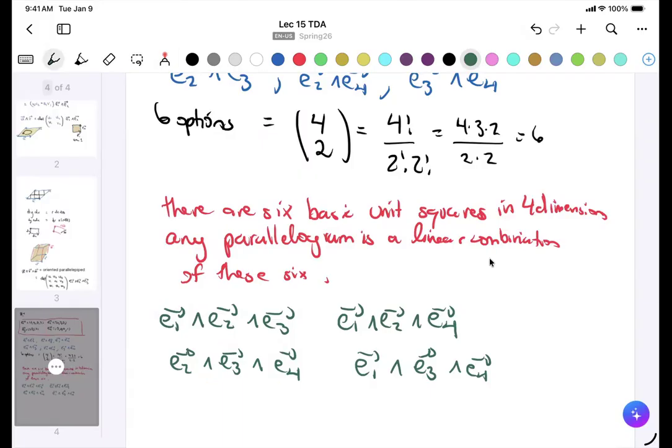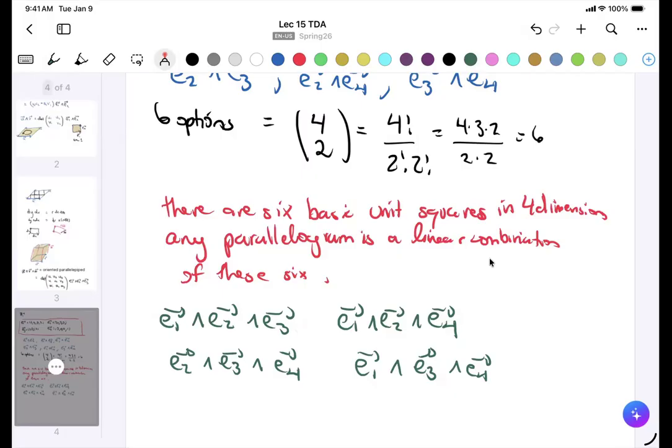In the first possibility, I didn't use E4. Here I didn't use E3, here I didn't use E1, and here I didn't use E2. So each of these 4 is a unit cube in 4 dimensions.